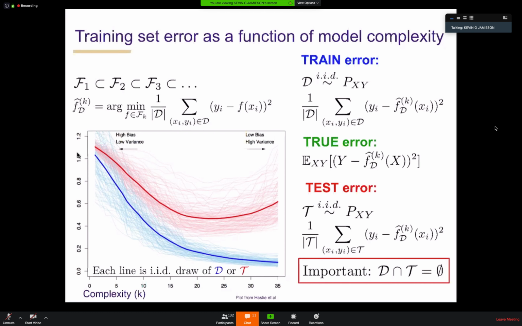And then once you've learned some model G that's going to be your output, only then do you evaluate it on your test set, because that will give you an unbiased estimate of your error. So if you train your f hat, you're done with it, you're happy with it, and you send it off to your boss, and your boss says, how well does it work?